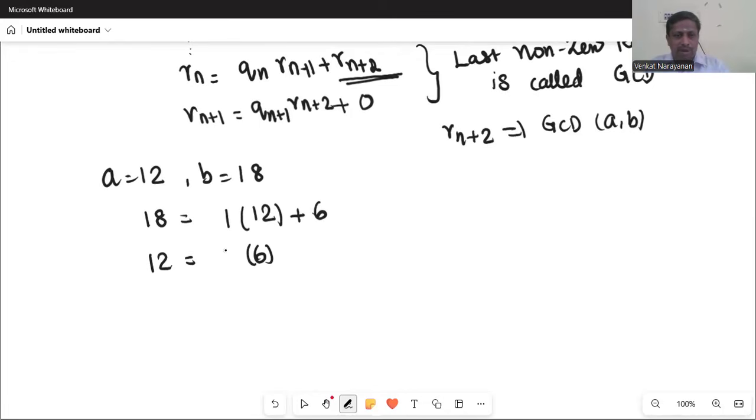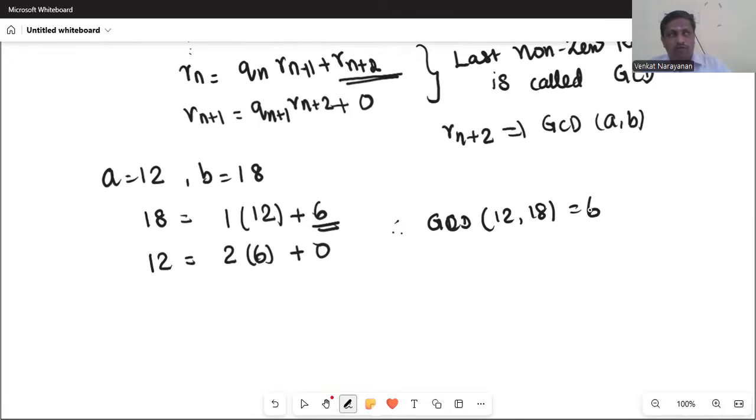What is the quotient here? 2 plus the remainder 0. So we reach the final step. Now we go to the last non-zero remainder. So 6 is the last non-zero remainder. So we can say that the GCD of 12 and 18 is equal to 6.